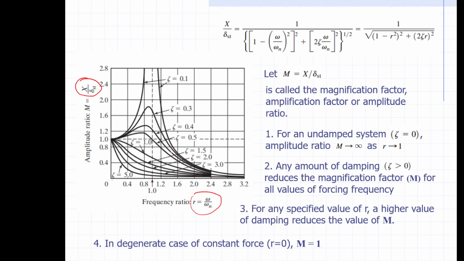It approaches an undamped system. So that's why when you see the damping ratio smaller than 1 and becoming smaller, the curve goes higher and higher. Okay?